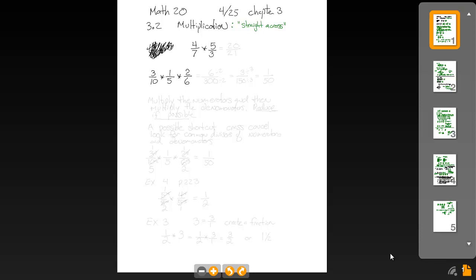So the quote Carrie there, she just said multiply straight across. If you want a little better directions for multiplication, you multiply the numerators and multiply the denominators.